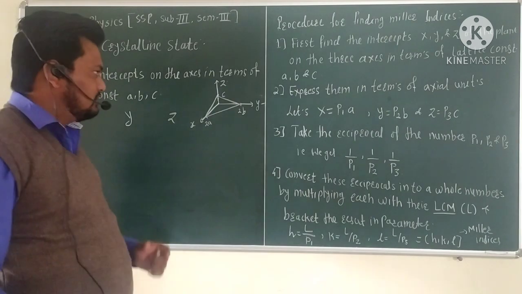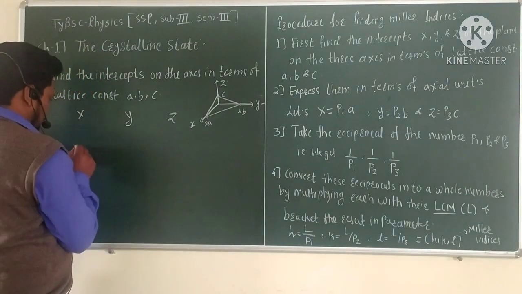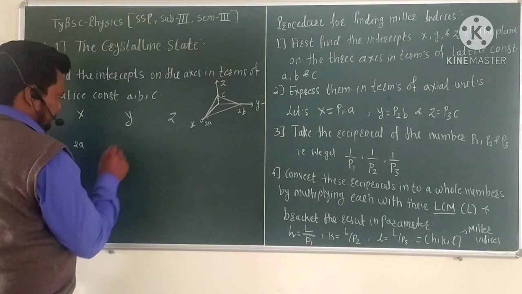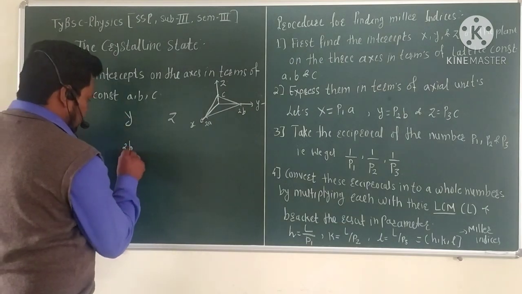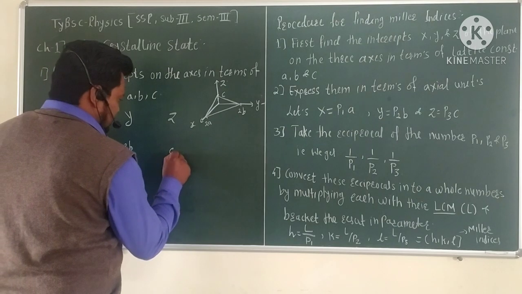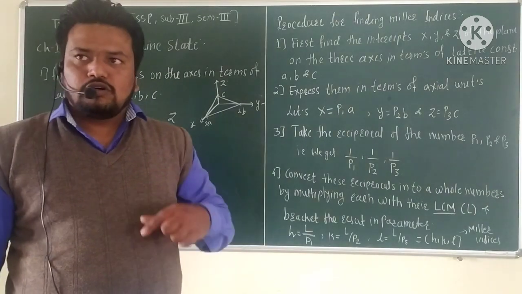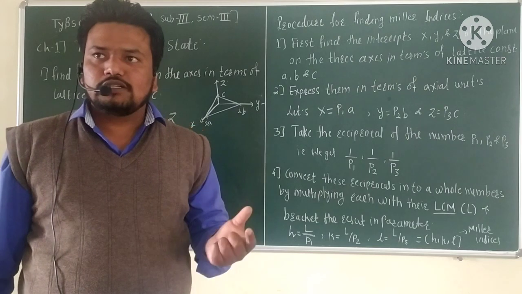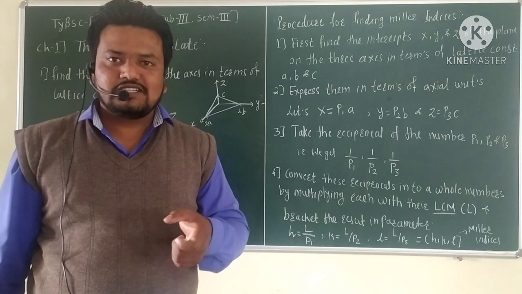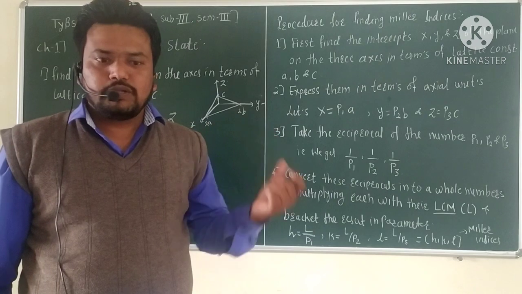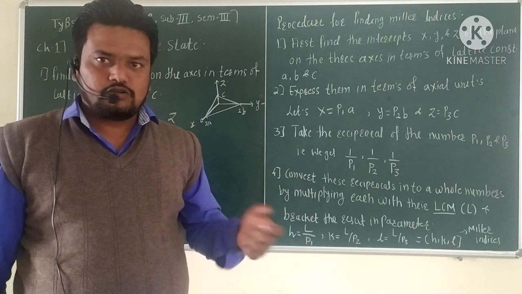So on the x axis, that is 2a, on the y axis it is 2b, and on the z axis it is c. This is the parameter defined in terms of p1a, p2b and p3c.